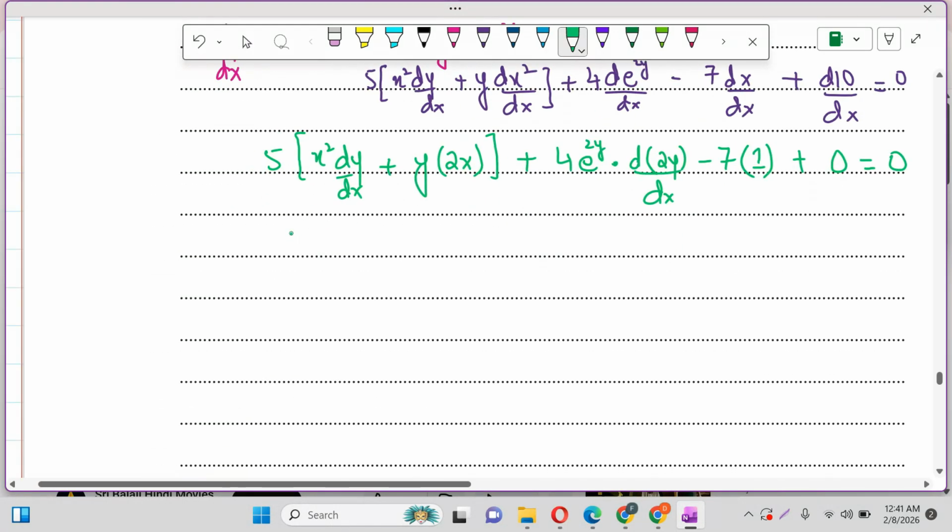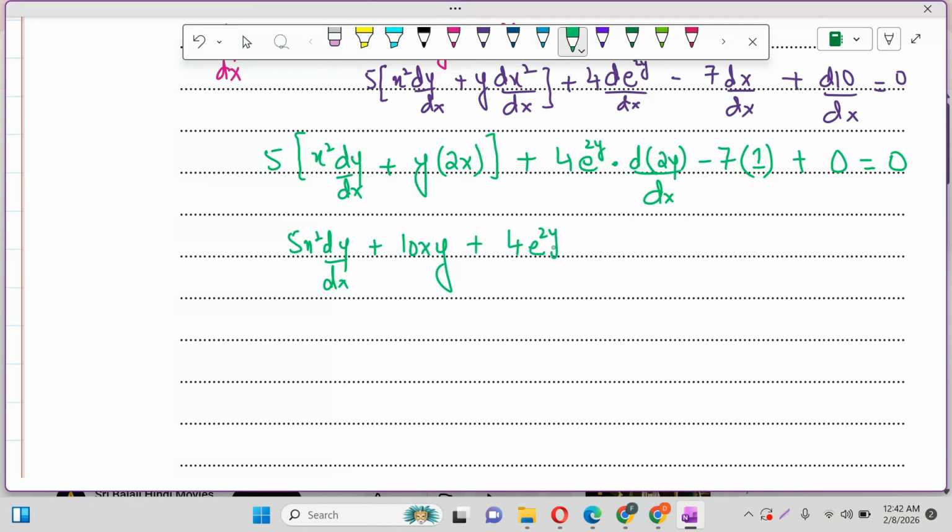Further solving, we will have 5x squared dy over dx plus 5 times y times 2x is 10xy, plus 4 exponential of 2y. The derivative of 2y is 2 times dy over dx, minus 7 equal to 0.